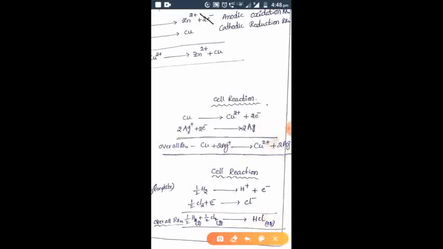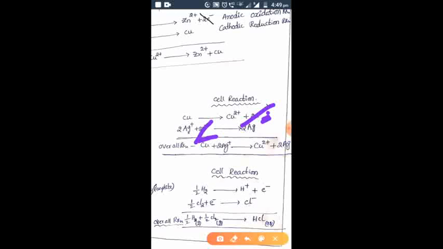To balance the number of electrons in the oxidation reaction and reduction reaction, you have to multiply the Ag+ equation by 2. So 2Ag+ plus 2 electrons gives rise to 2Ag. So here 2 electrons, here 2 electrons.